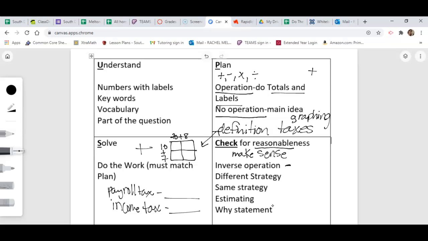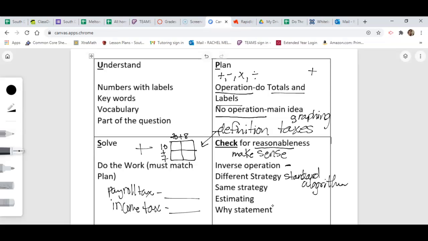So I'm using my box method, my partial products over here. Well, let's say over here, I then want to do the standard algorithm. Now normally that is the other way around.